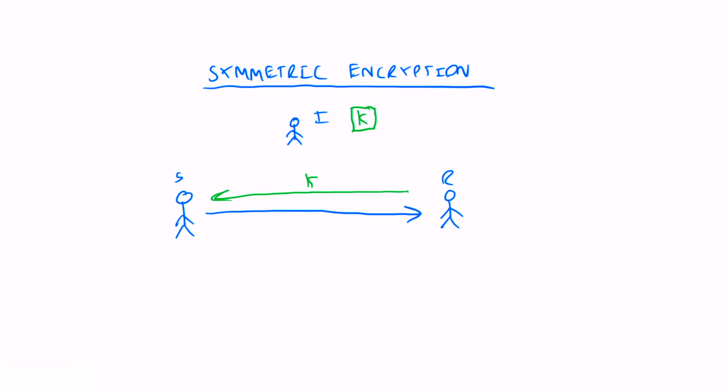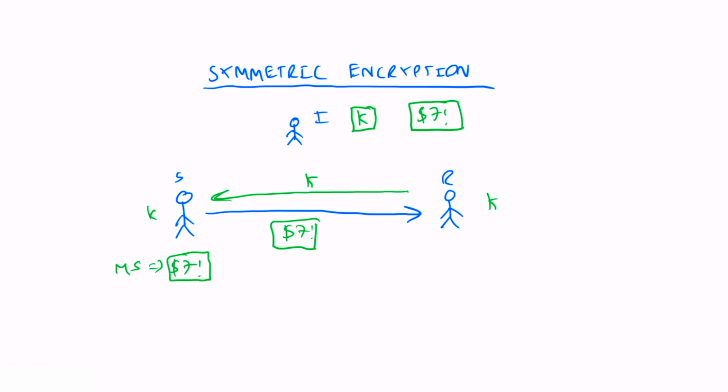And so now, when S has K and R has K, they both have the symmetric key, and S encrypts the message to get some random encryption. This encrypted message will go across, which I can then take, right? Which is okay on its own. I can't read the message.